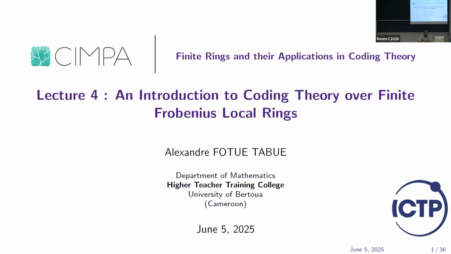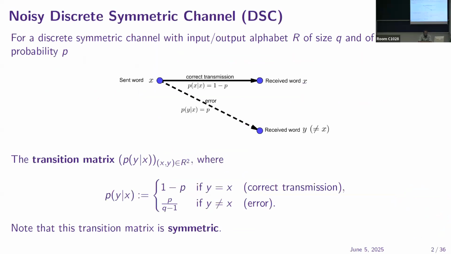Hello, everyone. Welcome to the last lecture. Last lecture, talking about the introduction to coding theory over finite Frobenius local rings. We begin by some basic results of information theory.